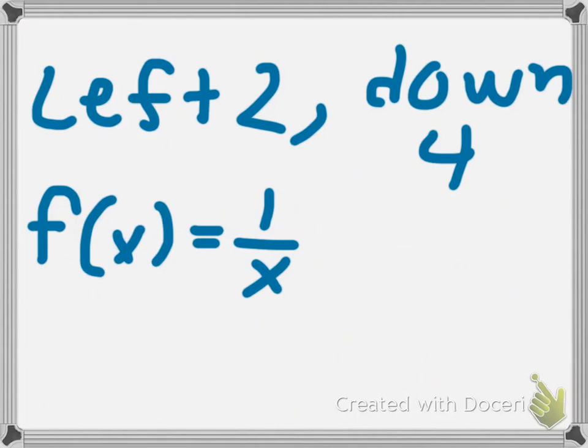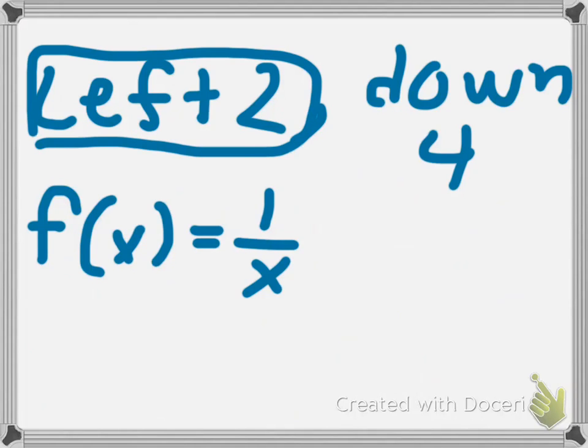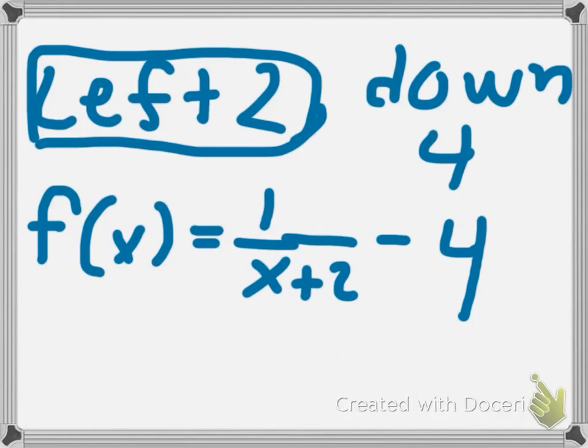Now, it says left 2, and left 2 means that we're adding. So basically, we would put plus 2 where the x is, giving 1 over x plus 2. Now down 4, that's subtraction, so that means we put minus 4. And that is how you would solve for your rational parent function.